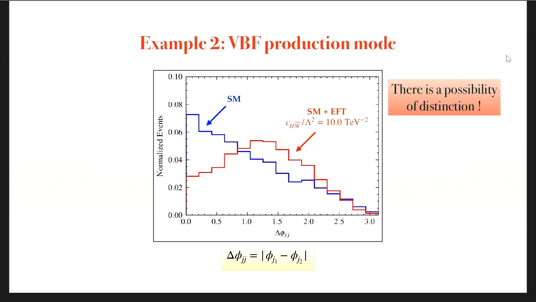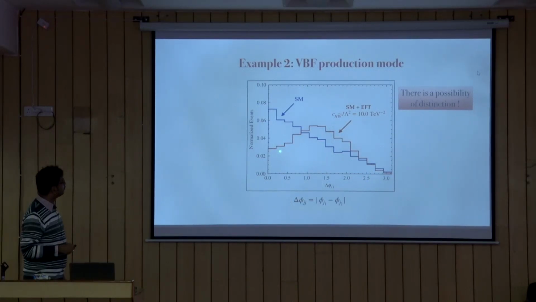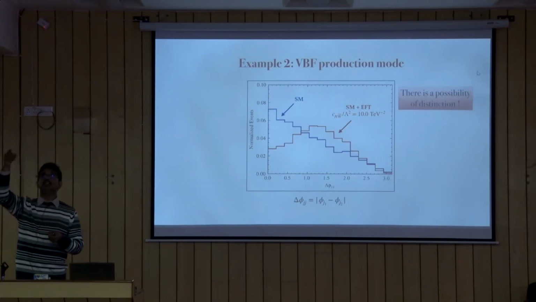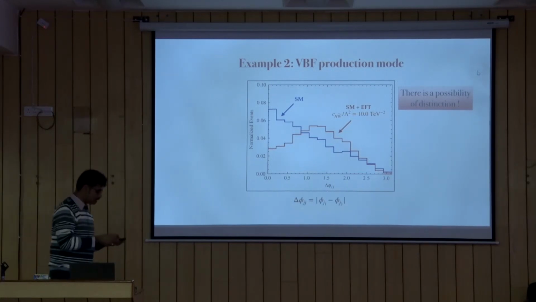Yeah. No, this is the specific thing: because we had the CP violating operator contributing here, that shows up in terms of this delta phi jj, and there is a contribution which is coming from the transverse momentum, etc., and whatever that was, sine of delta.